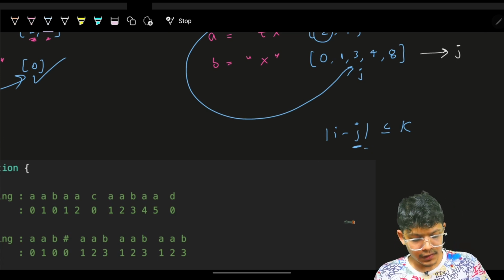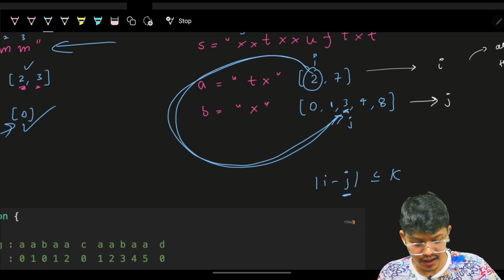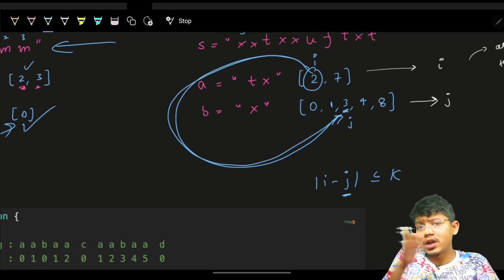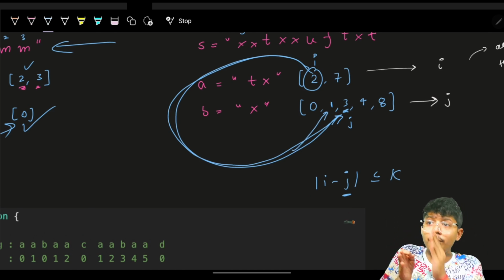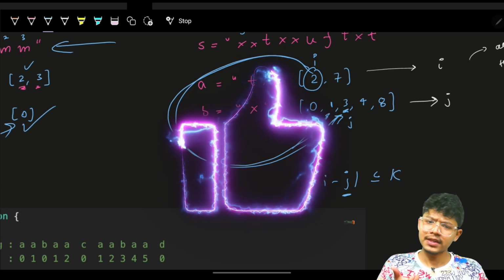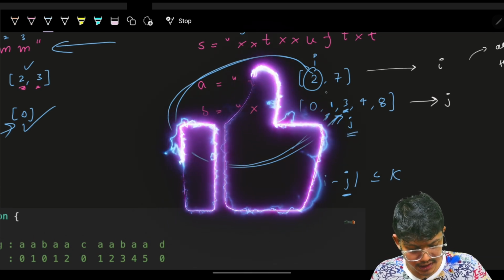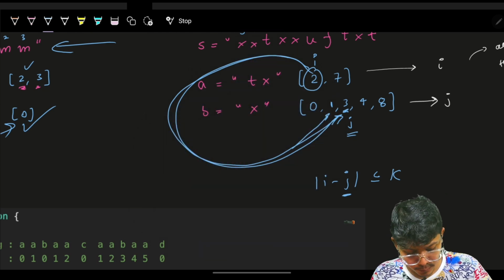So for 2, the lower bound is 3, but I also try a smaller value, one pointer behind my lower bound. So I'll try 1 also. This is j, and this is j minus 1. For sure I'll try both of them, 2 minus 1 and 2 minus 3.